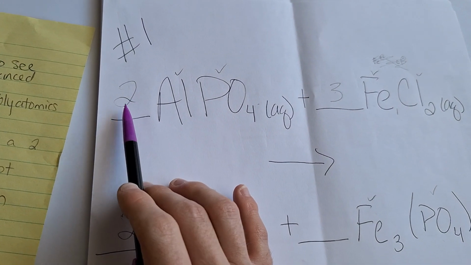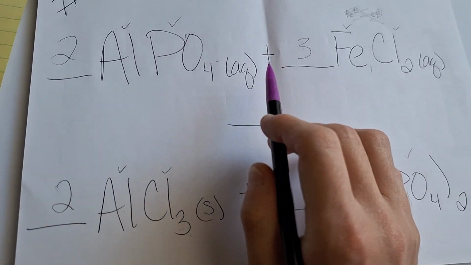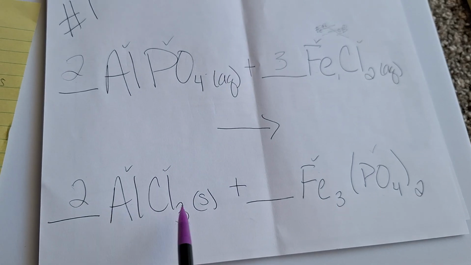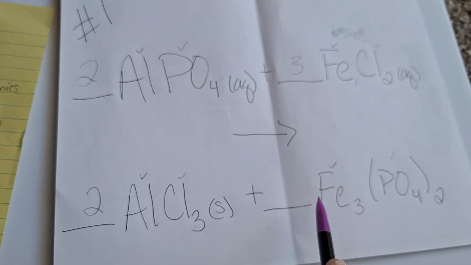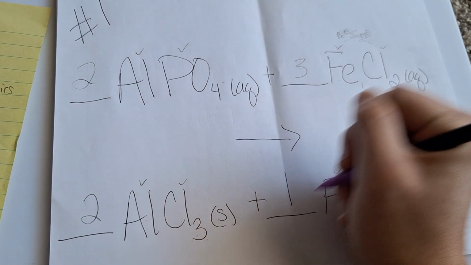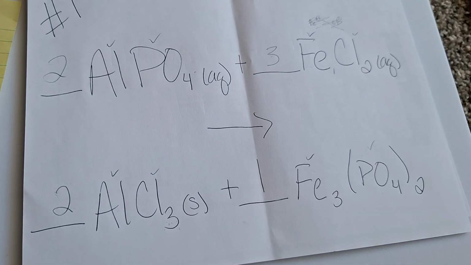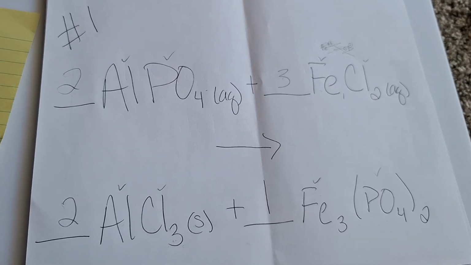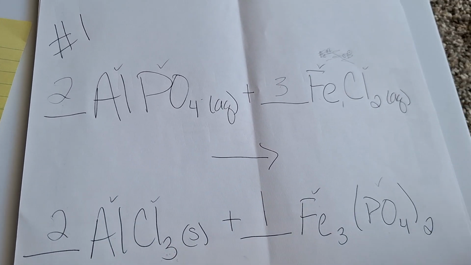So it would be 2 aluminum phosphate plus 3 iron 2 chloride produces 2 aluminum chloride plus 1 iron 2 phosphate. And that's essentially how we'll do each one of these problems, step by step.